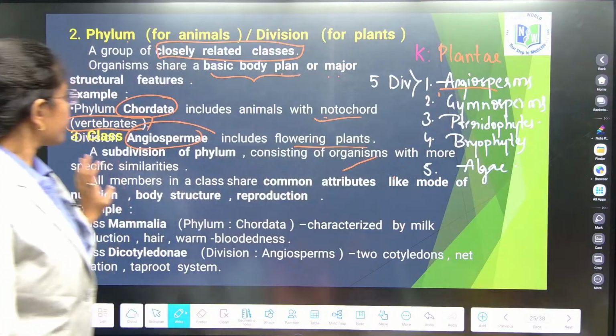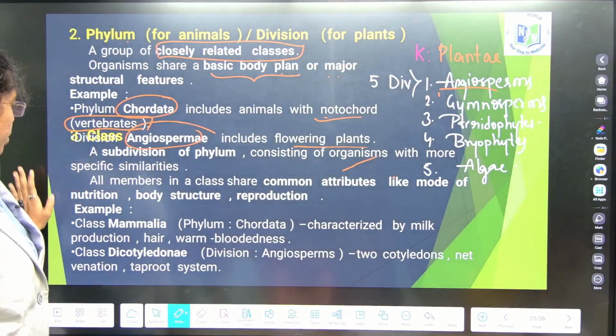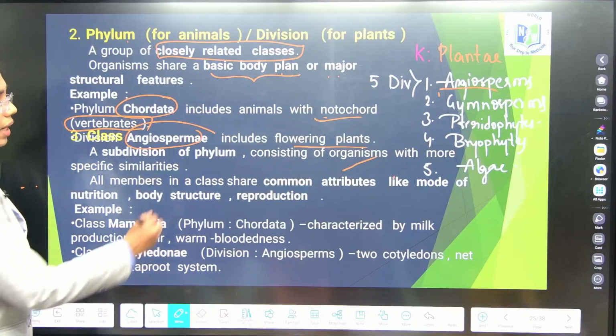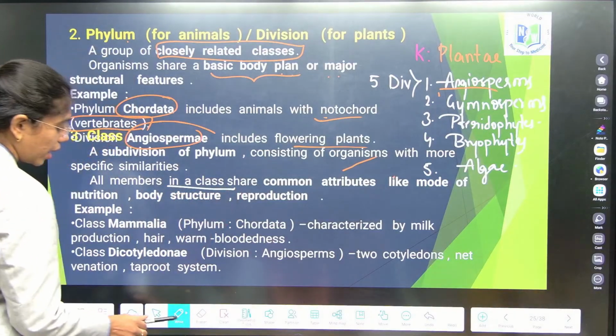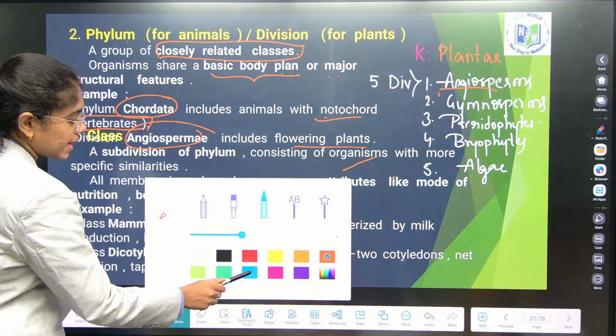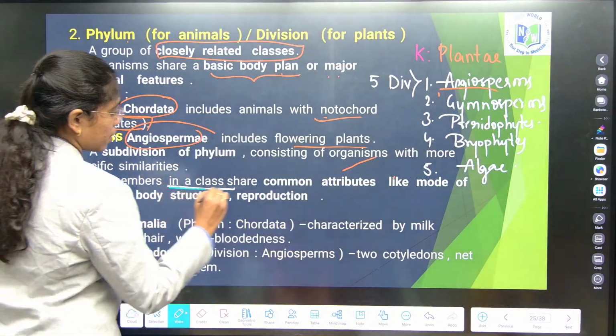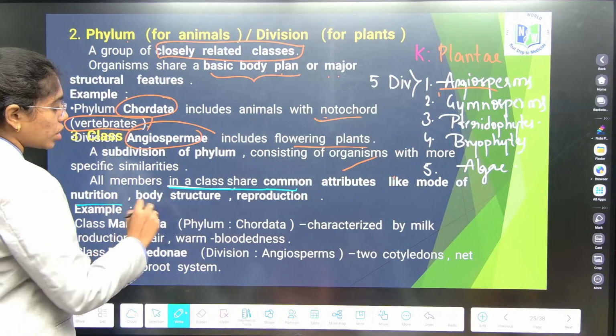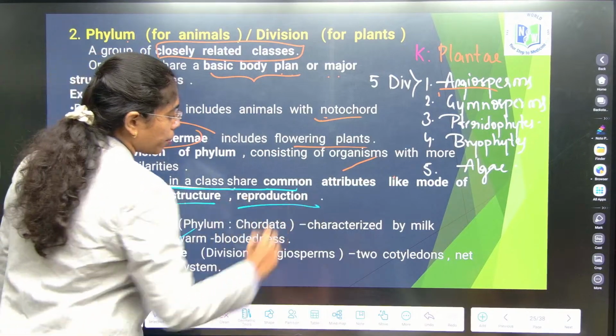Next class, if you see, class Mammalia, all members in a single class, what do they share? They share common attributes like mode of nutrition, body structure, reproduction.